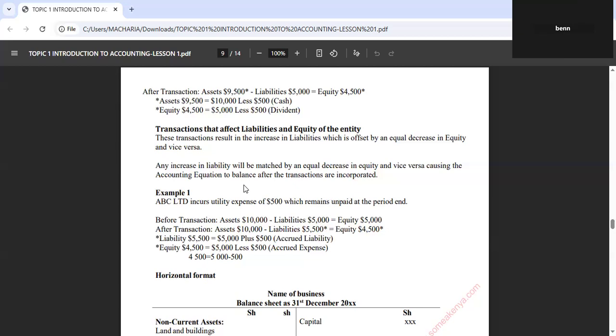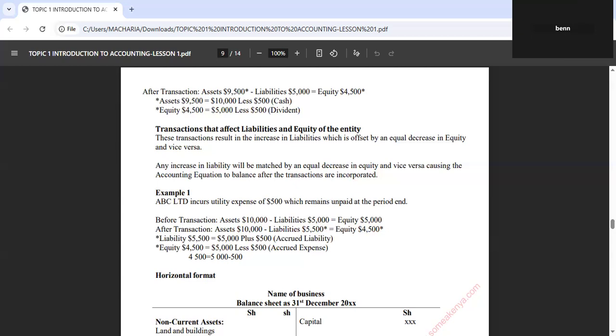Therefore, your liability will increase, and then your equity will come down because these are expenses that you have not paid. So when you have unpaid expenses at the end of the year, liabilities are going to increase because you have not paid, and your equity is going to decrease because of the accrued expense. If you have not paid, liability increases, your equity decreases.